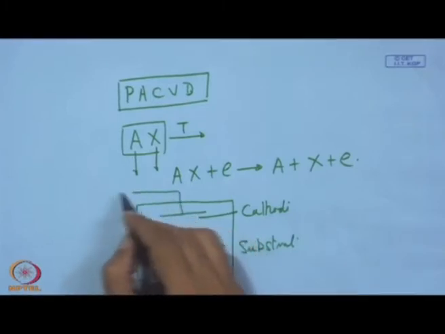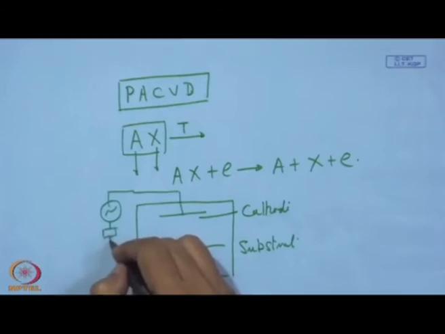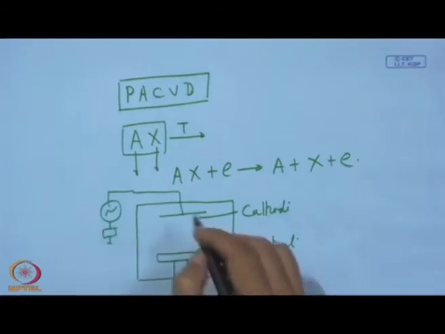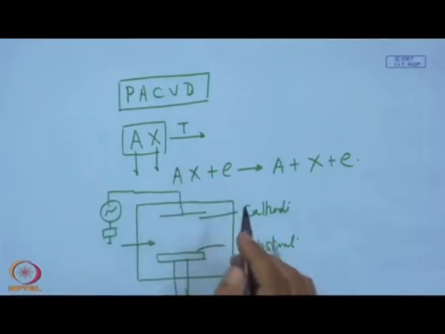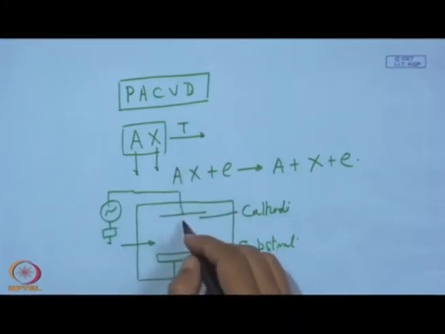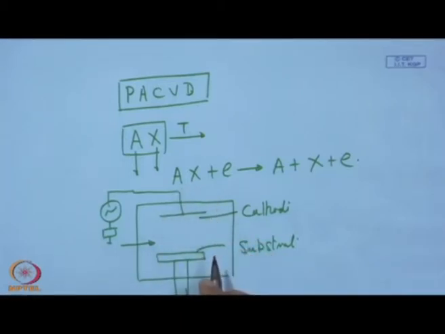So, this will be polarized, it can be RF also. So, this is cathode. Now, here we have the entry of this gas, and as a result of this will be ionized and this reaction will be stronger. Sometimes it is also possible.